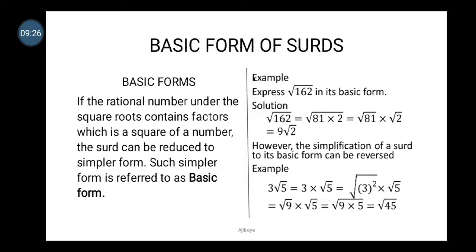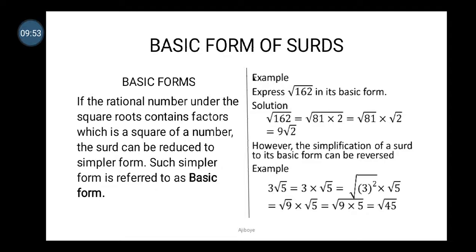The square root of 81 is 9, but the square root of 2 is a surd. Therefore, the square root of 162 will be equal to 9 root 2 in its basic form, in its simplest form. The square root of 162 in its simplest form is 9 root 2.